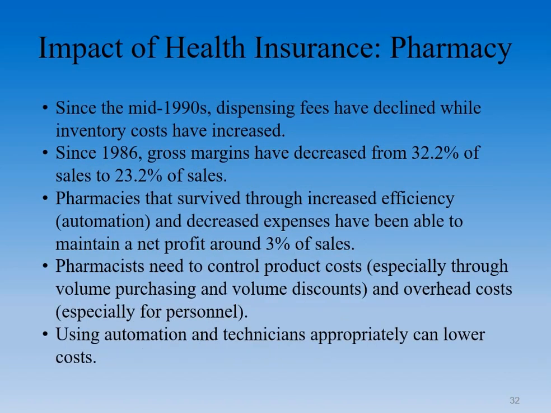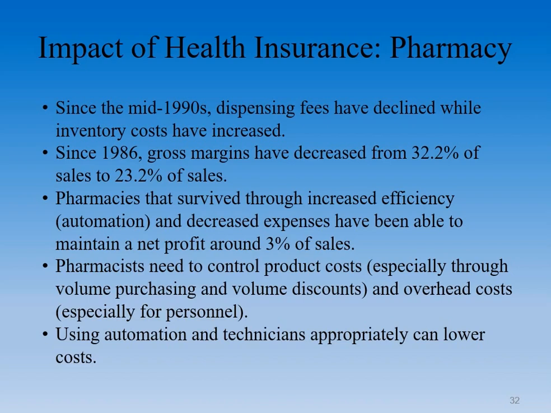Finally, this last slide, the impact of the health insurance on the pharmacy. Since the mid-1990s, dispensing fees have declined, while inventory costs have increased. Since 1986, gross margins have decreased from 32% of sales to 23% of sales.